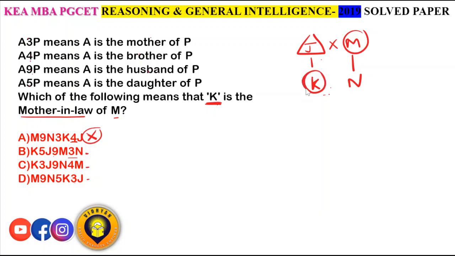No. Here K is the daughter of M. J and M are parents of K. K becomes daughter of M. So option B is also false.